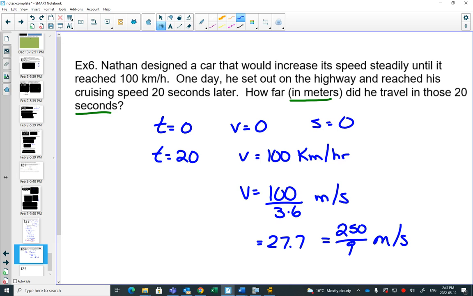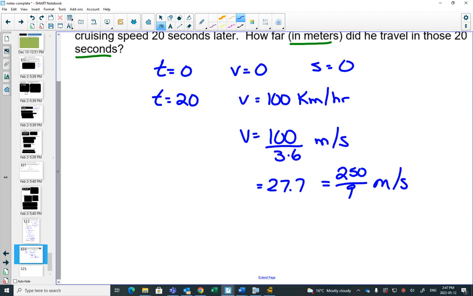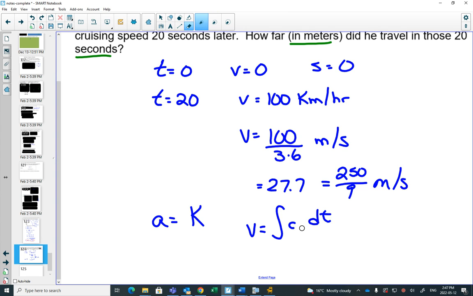Now, initially, we might feel in this question that we're a little bit stuck because we don't know what the acceleration is, but we could just assign it some constant. We know it's some number. We'll call it k. If the acceleration is k, then our velocity would have to be the integral of our acceleration, which I'll put in the value of k.